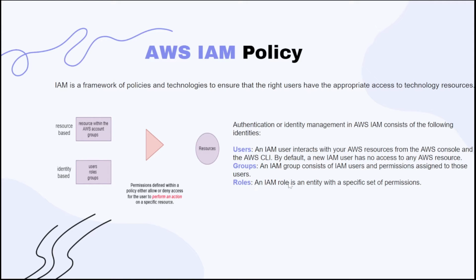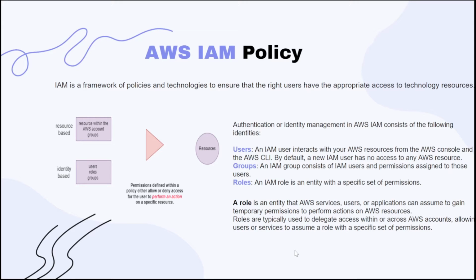Or roles. An IAM role is an entity with a specific set of permissions. What does a role mean? It is an entity that AWS services, users, or applications can assume to gain temporary permissions to perform actions on AWS resources.